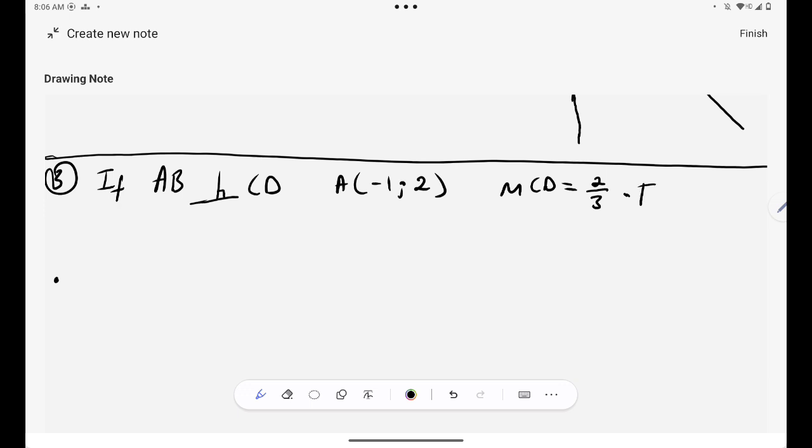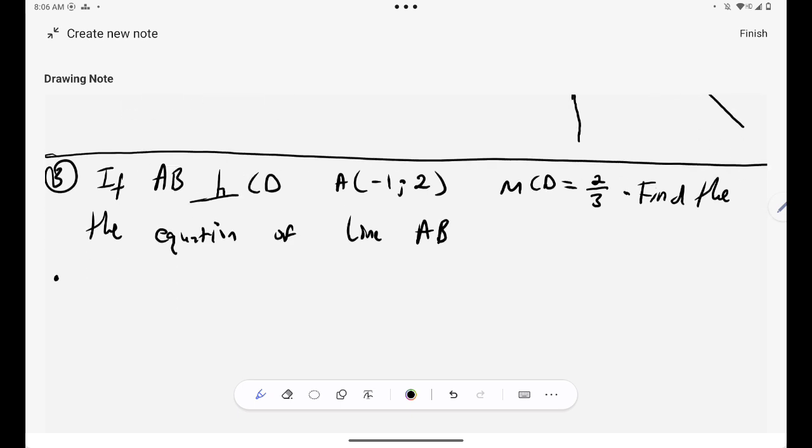The question says find the equation of line AB. Okay, I cannot find the gradient of AB because I only have 1 point.